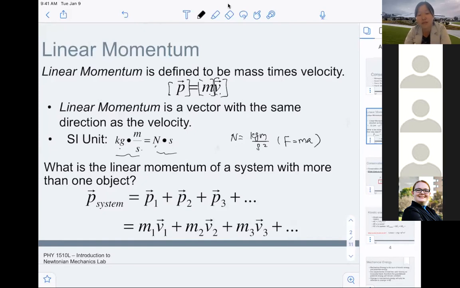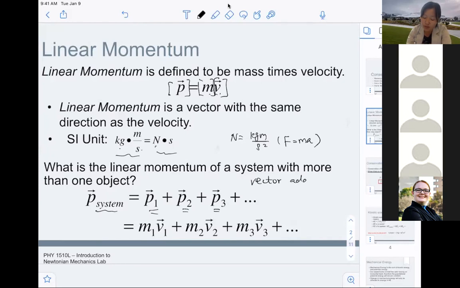And if you have a system that has many objects, each of the objects has a different momentum. Now the total momentum of the system will be the individual momentums added together. So momentum behaves like forces. When you have multiple forces, you simply add them together, right? This is a vector addition.